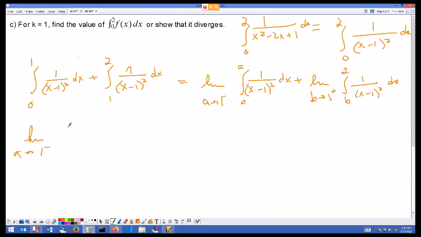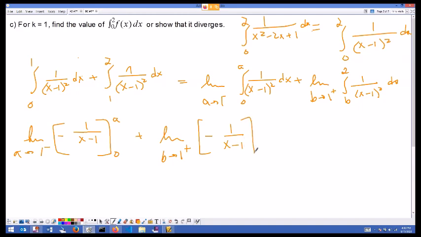So it's just negative 1 over x minus 1 from 0 to a, plus the limit as b approaches 1 from the right of, same thing here, negative 1 over x minus 1 from b to 2. And as you go in here, you've got the limit as a approaches 1 from the left of negative 1 over a minus 1 minus negative 1 over 0 minus 1.